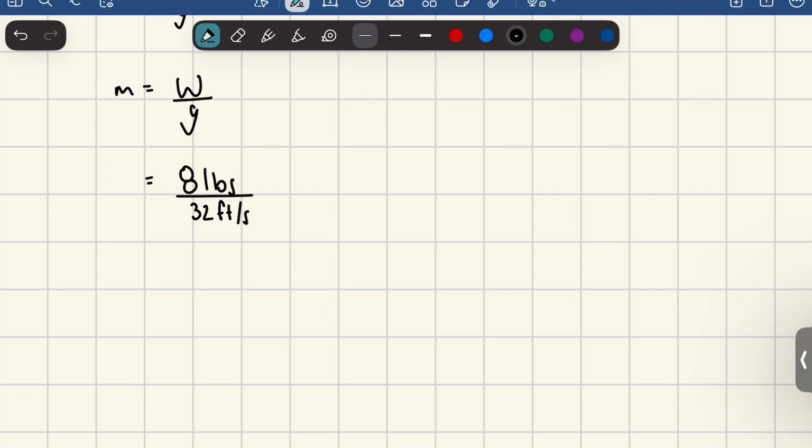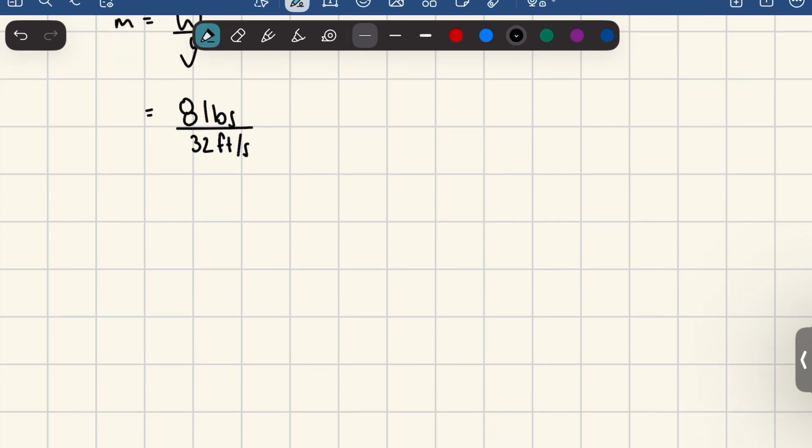Yeah, it's 1/4. I don't want to do fractions, I want to do decimal points. Let's do 0.25 slugs.